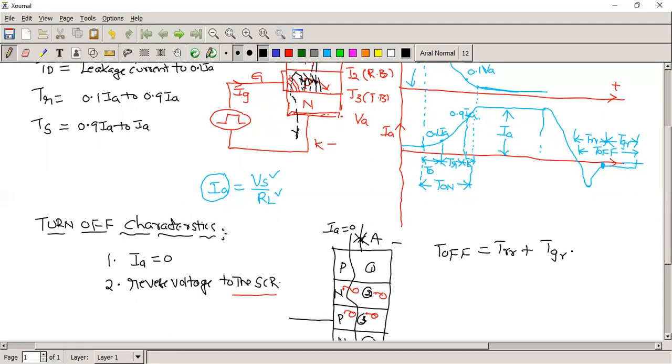Sometimes this time we call TQ, the turn off time of the device, where the device is the SCR.